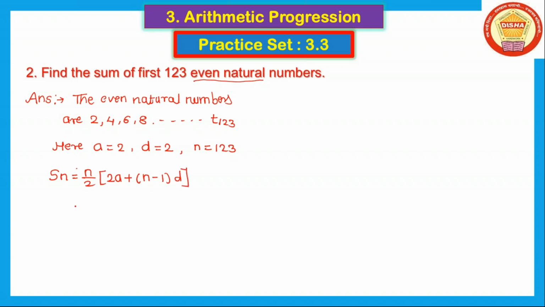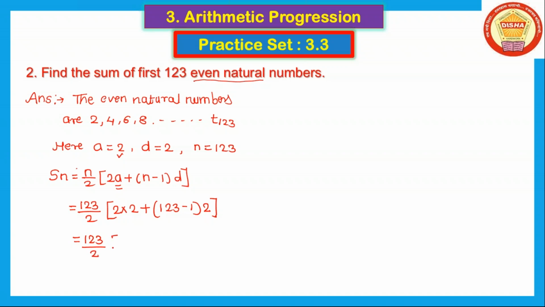We put the values. The value of n is 123 upon 2. Then we take a. See, a is given here as 2. So we write 2 into 2 plus (123 minus 1) into the common difference, which is 2. Then we write the fraction 123 upon 2 as it is.